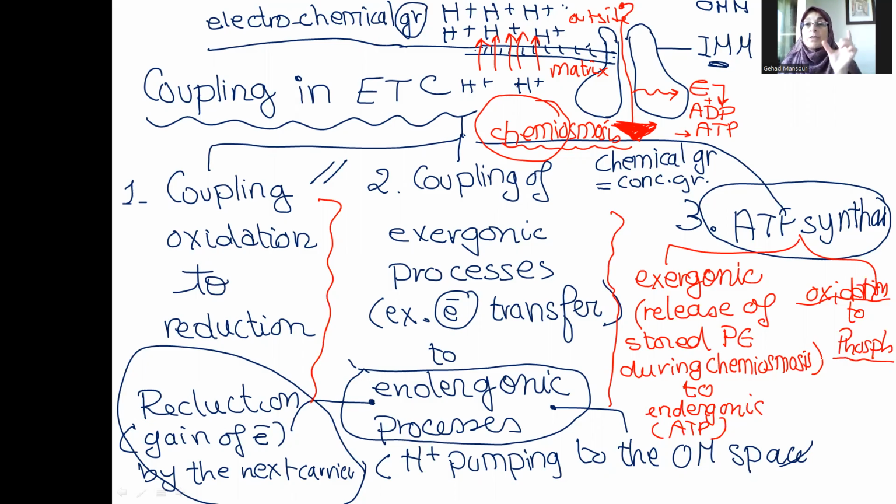Because ATP synthase is the stage at which the phosphorylation occurs, which is the addition of a phosphate group to ADP. So here, it's not only energy plus ADP, but it's also energy plus phosphate plus ATP. So this is very important to know, that we have coupling of oxidation to reduction, we have coupling of exergonic processes to endergonic processes, and we have coupling of oxidation to phosphorylation.